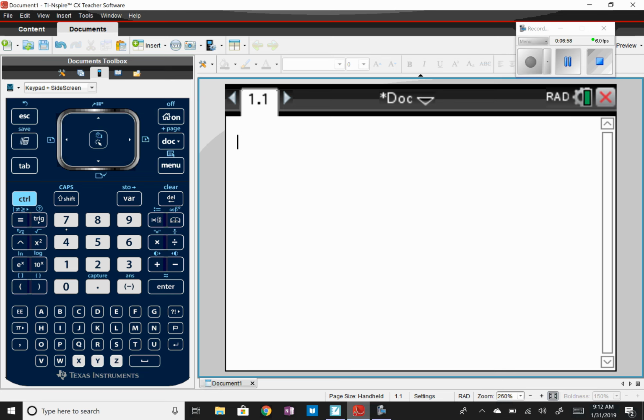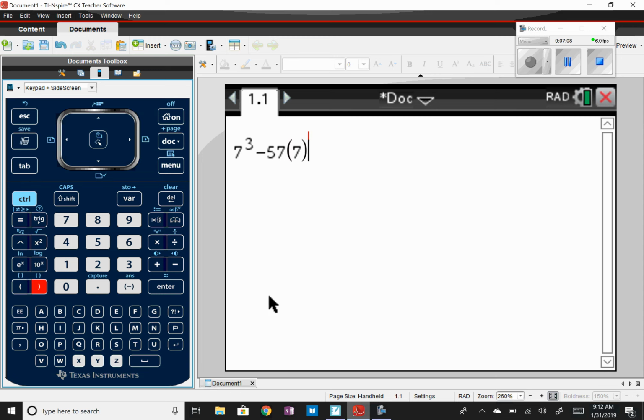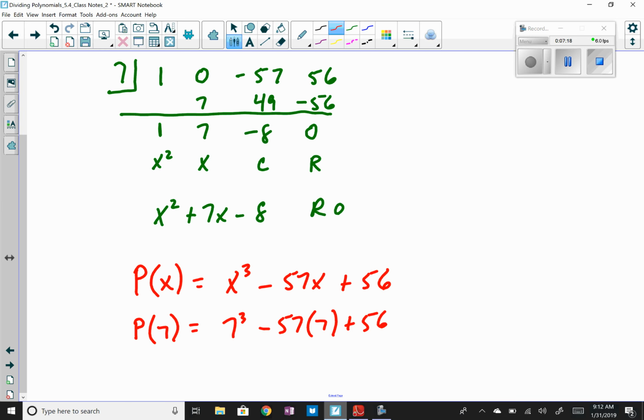So that would give us 7 cubed minus 57 times 7 plus 56. Sure enough, we get the 0. So we know we did our division correctly. And again, we know that x minus 7 is a factor of x cubed minus 57x plus 56.